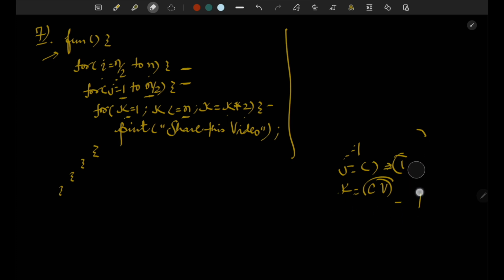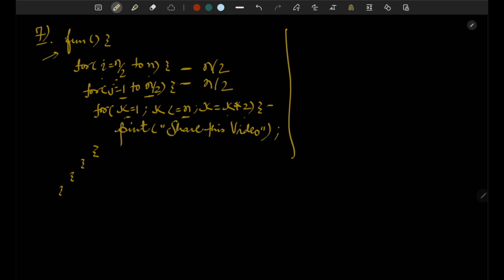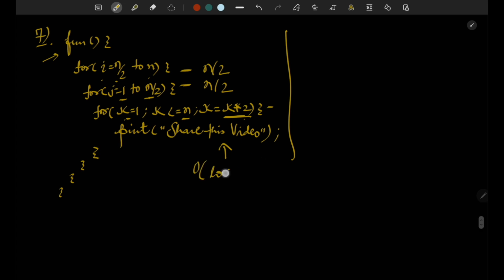So what is the pattern we see and how can we solve it? What we see here is that there is no dependency as we saw earlier, right? So this is going to run n by 2 times. This is again going to run n by 2 times. And as we learned in the previous video, when we have this kind of incrementing operation, the time complexity is going to be big O of log n to the base increment value, that is 2.